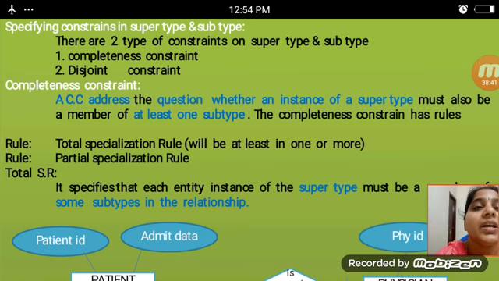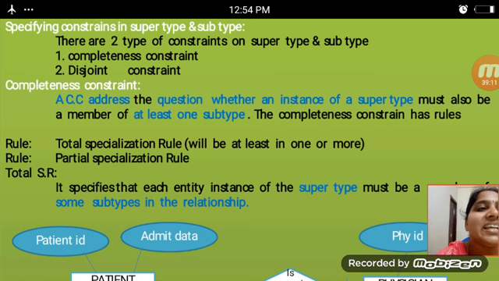Completeness constraints address the question whether an instance of a supertype must also be a member of at least one subtype. It has some member, at least one subtype.